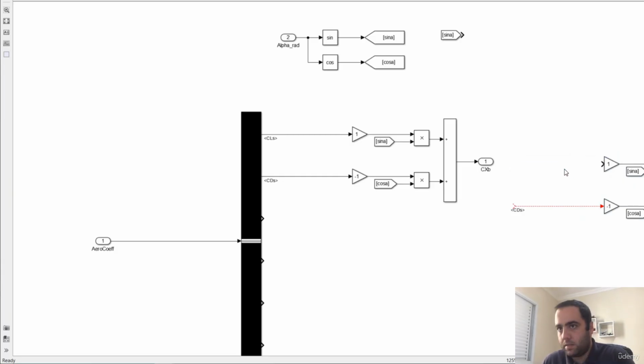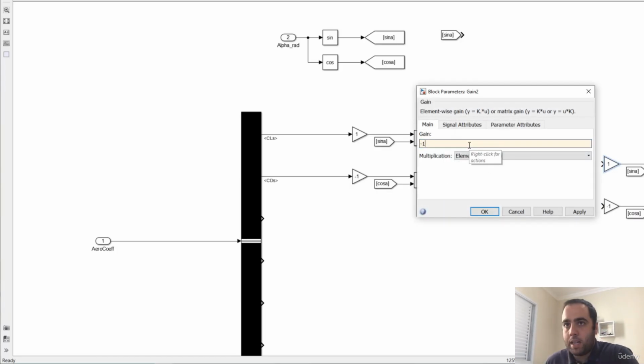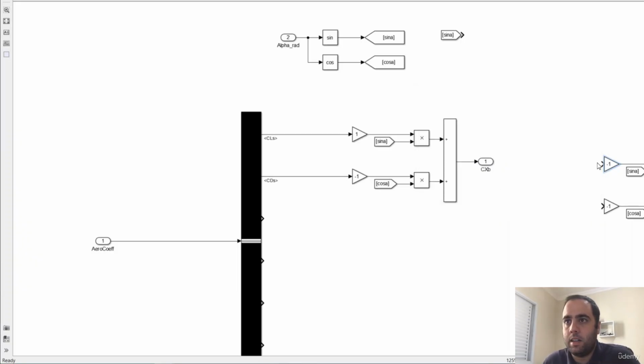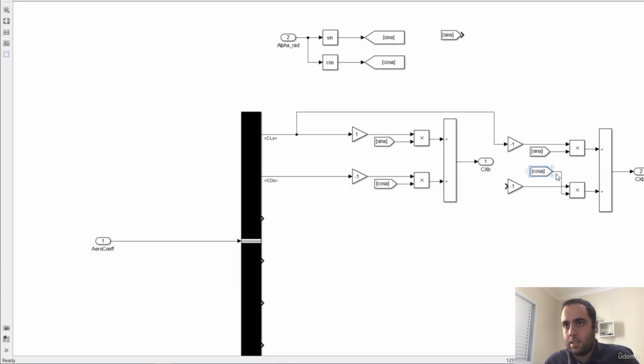So the CZ in the body is minus the CL times the cosine here. So let's swap these guys. Minus CD sine of alpha. If I sum them, I'll get the CZ body. Okay.